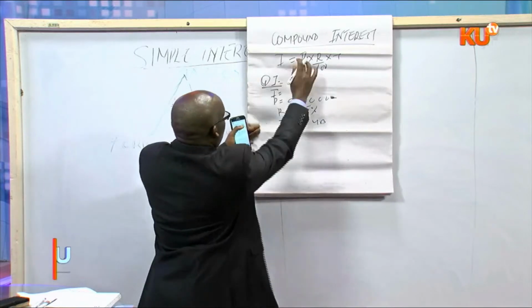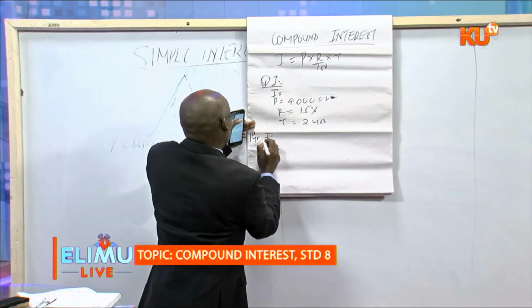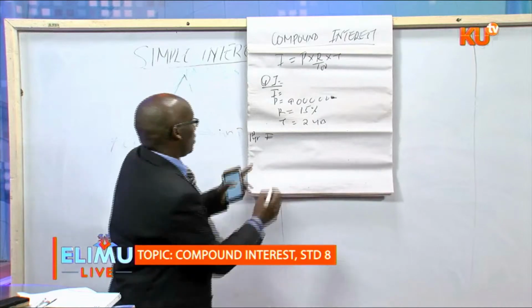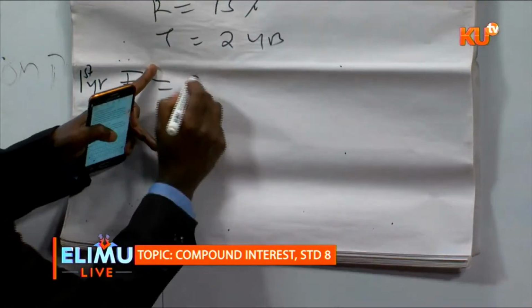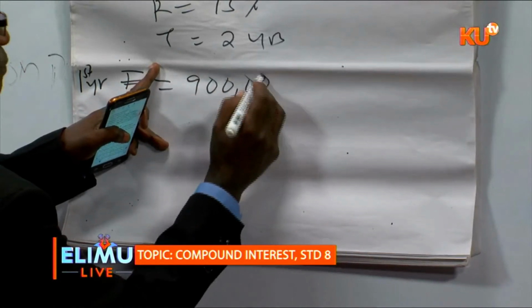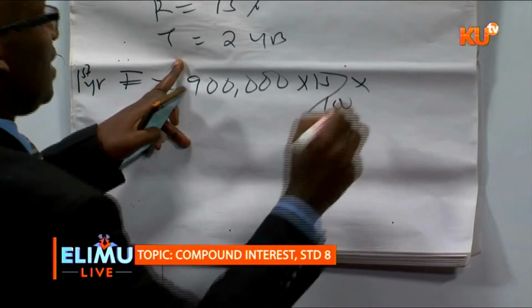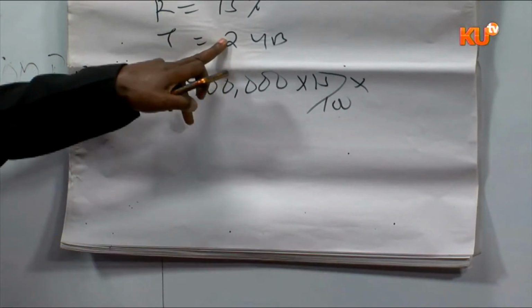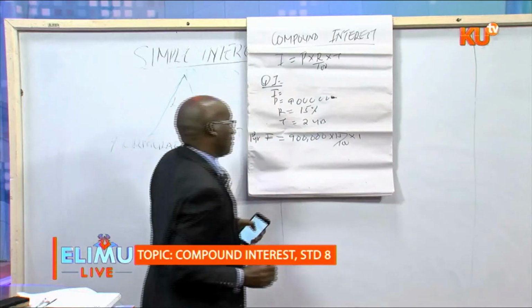And so we go, the formula, if you want to get the interest for the first year, first year's interest will be, using the same formula, principal, which is 900,000, rate, which is 15%, time, we're not going to write 2. It's calculated on yearly basis, which is 1.